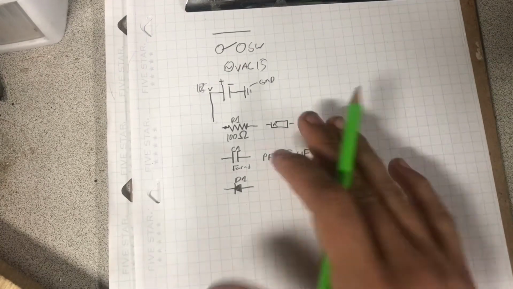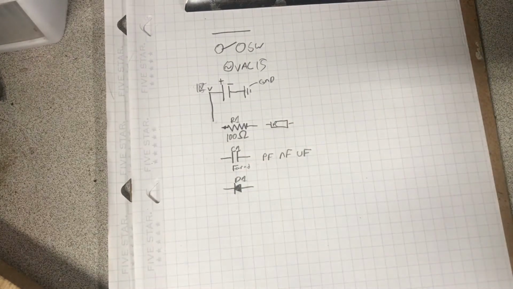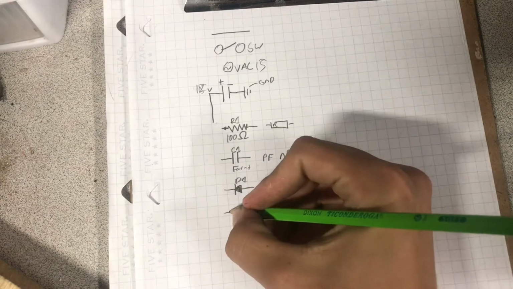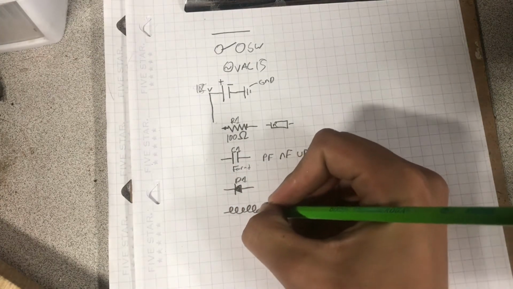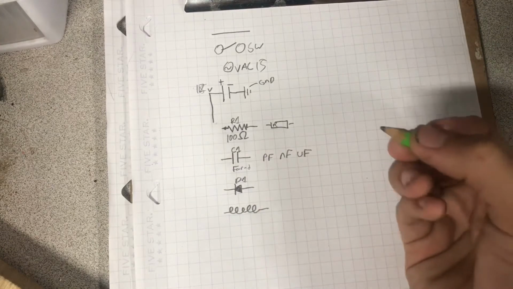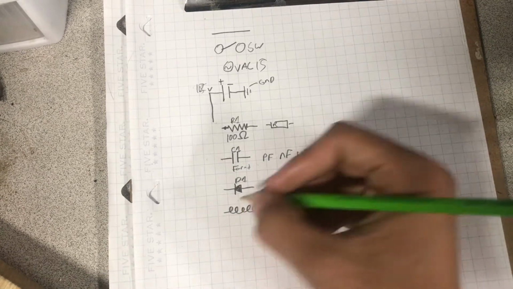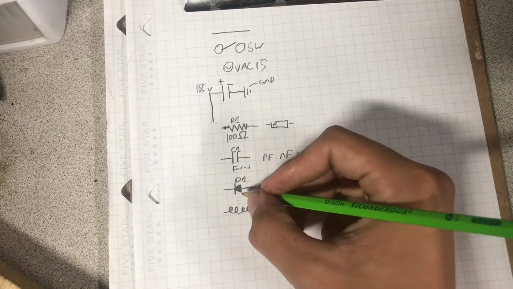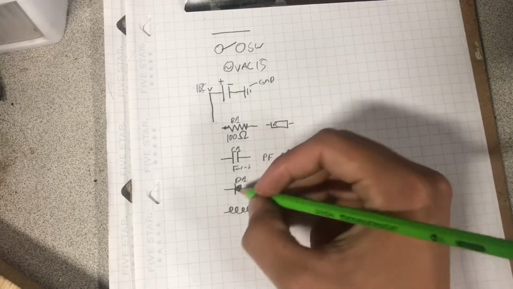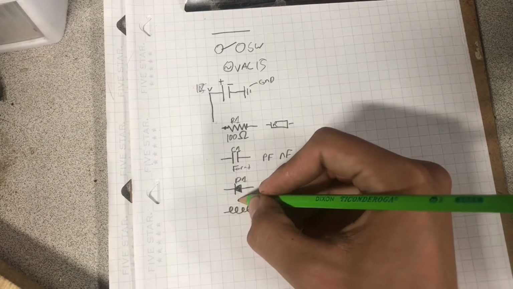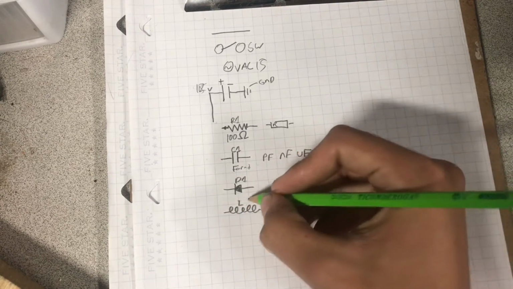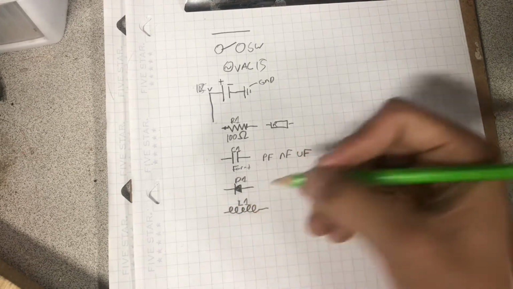Oh yes, and then the last one, which is sometimes represented as this, is the coil. This is called an inductor, which is the fancy term, but it's usually just a coil. And this is really interesting. This is represented as L, so this is like L1.